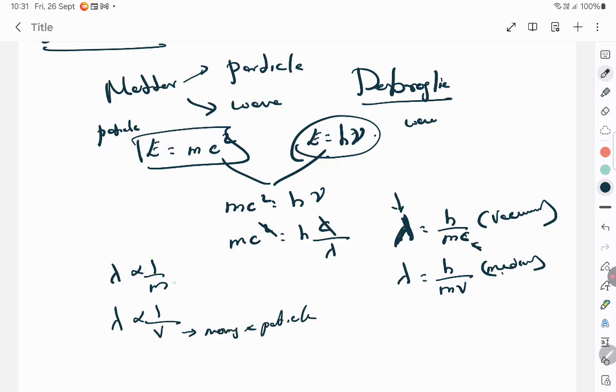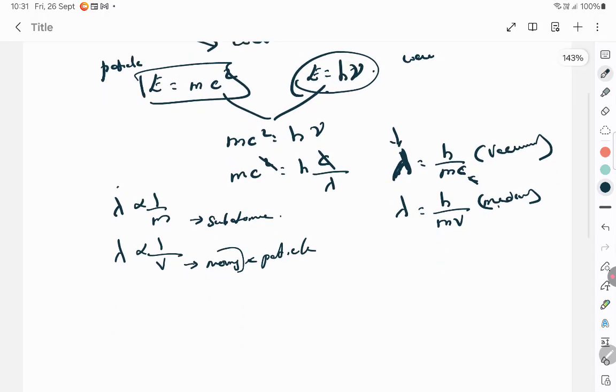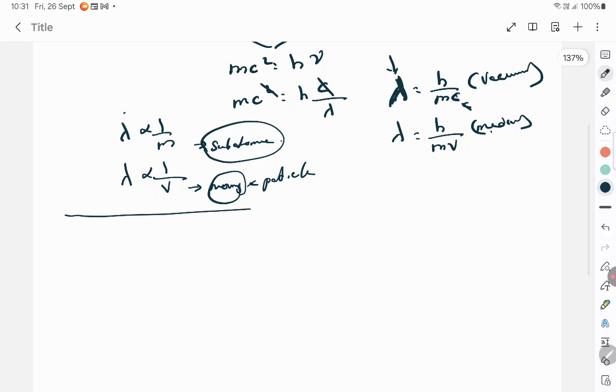Next, where the mass is large, the de Broglie wavelength is negligible, so it can be ignored. So I don't carry a de Broglie wavelength because my mass is large. De Broglie wavelength is only associated with subatomic particles whose mass is very negligible. So therefore the de Broglie wavelength is associated only with a moving subatomic particle, and you know the reasons also. Larger bodies, when they are moving, will not produce de Broglie wavelength, only subatomic particles.